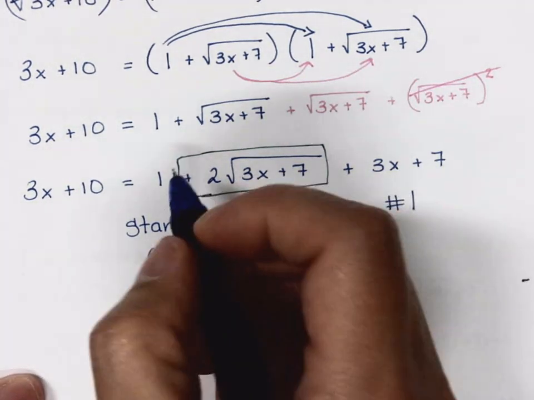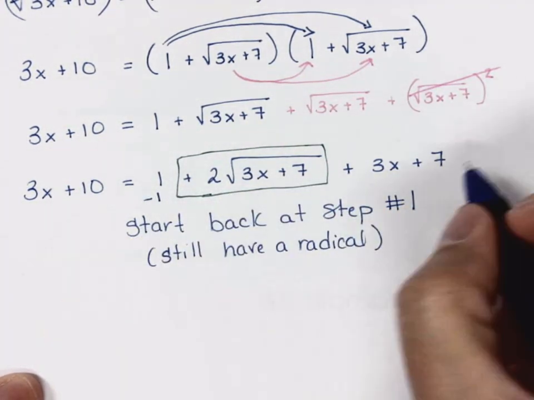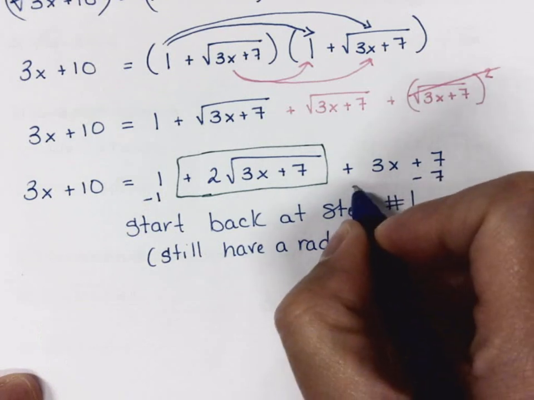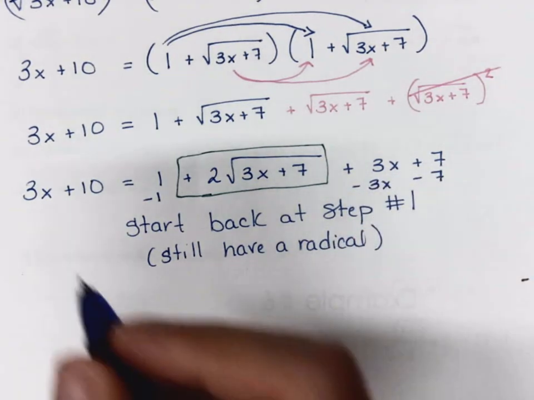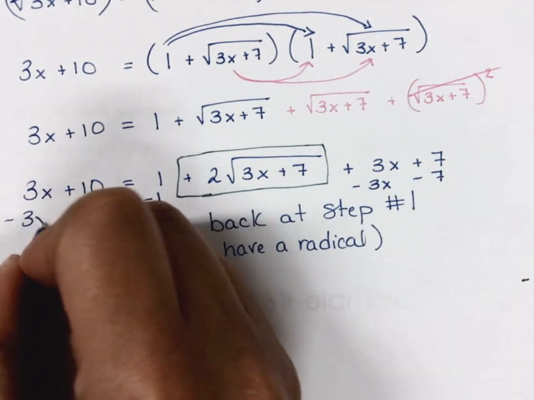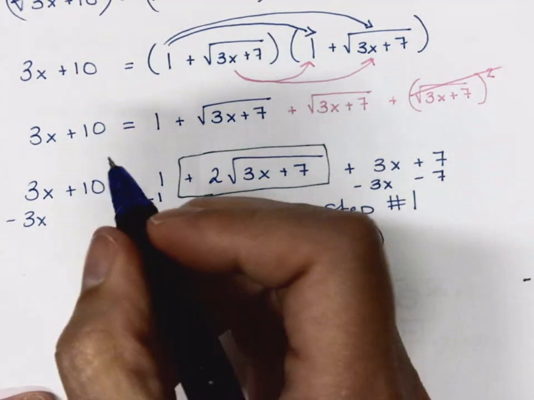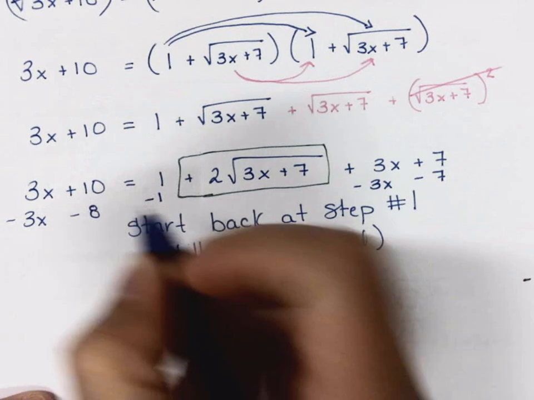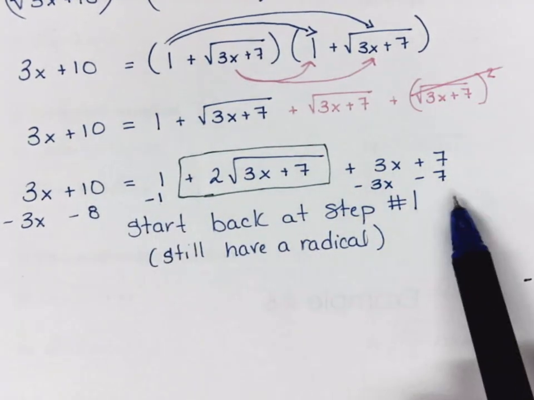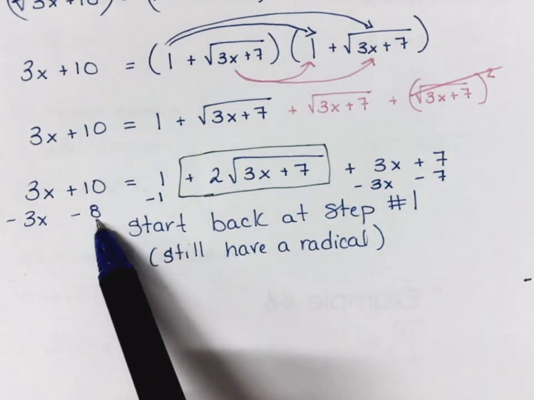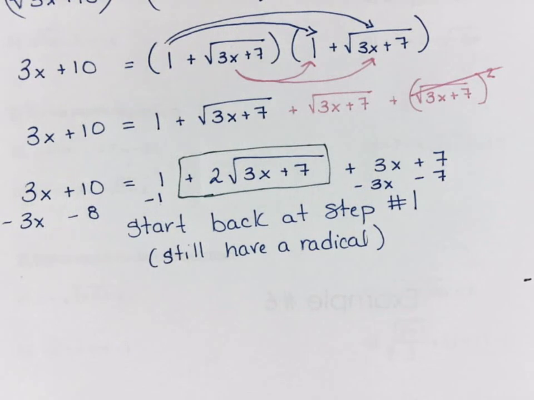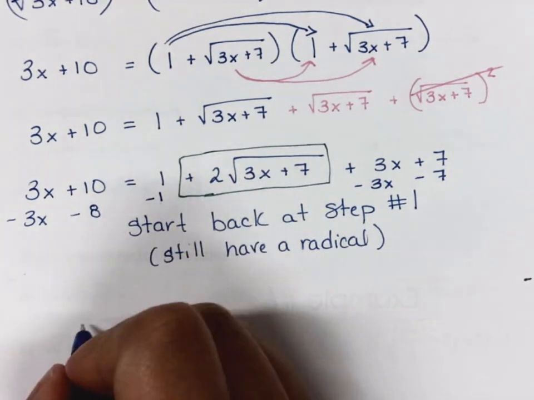So what that means is I've got a -1, I've got a -7, and I have to minus 3x. So minus 3x, oh, look at that. And I have to minus 8. Are you guys okay that I combine the -1 and the -7 into -8? I did that all in my head, everybody. I know you're proud of me. So on this side, I'm left with 2.